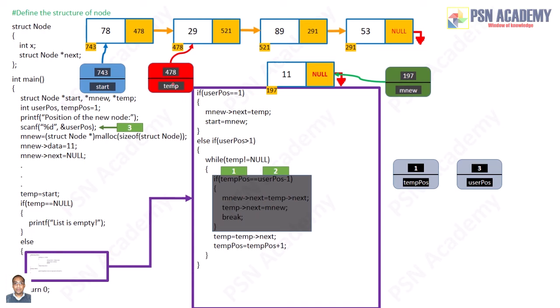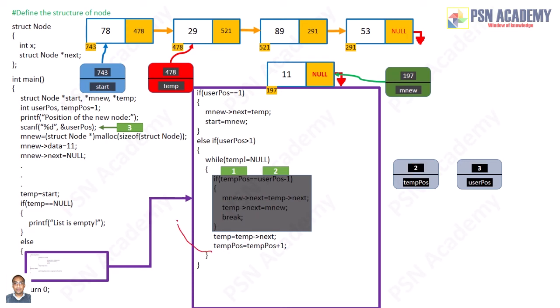So we see that temp has moved forward by 1 node. And also you have to keep track of the temp's position. So temp pos equal to temp pos plus 1. And now temp pos becomes 2.